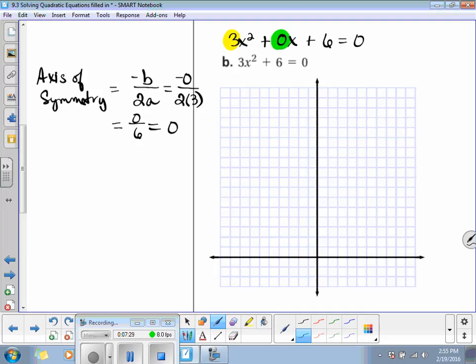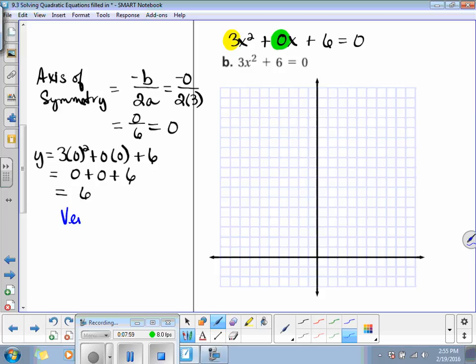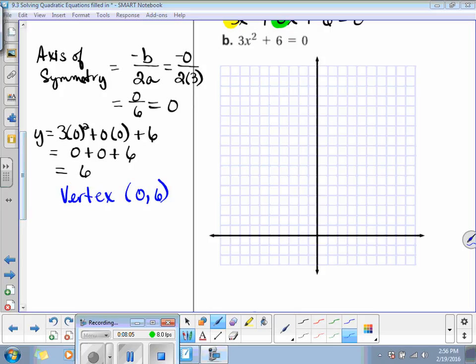So now to get the y, we're going to take that 0 and substitute it back into the equation. So, to find the y, we have 3 times 0 squared plus 0 times 0 plus 6. Well, that's 0 plus 0 plus 6, which is just 6, right? So our vertex is at 0, 6. So now we need to find 2 other points to put on our graph.